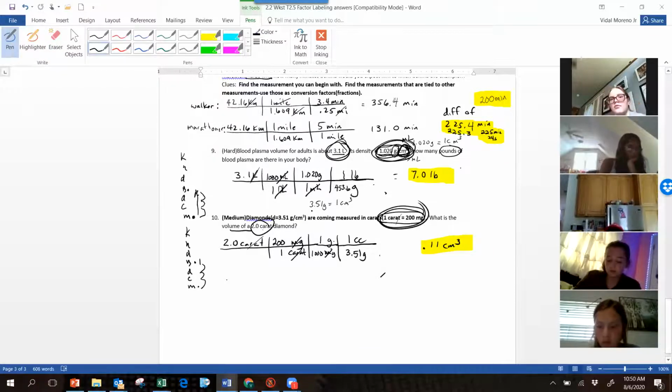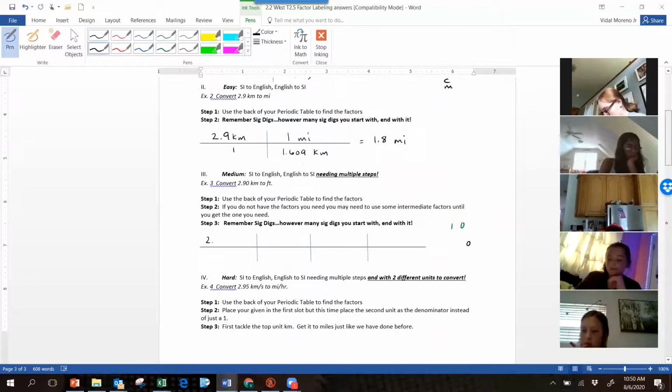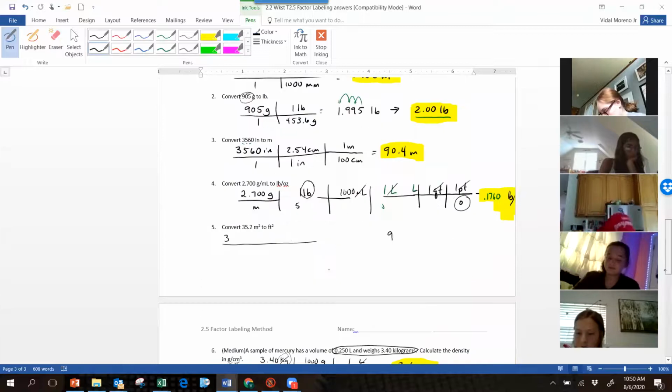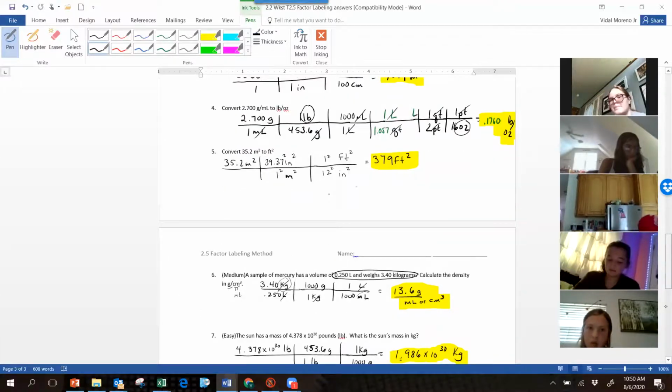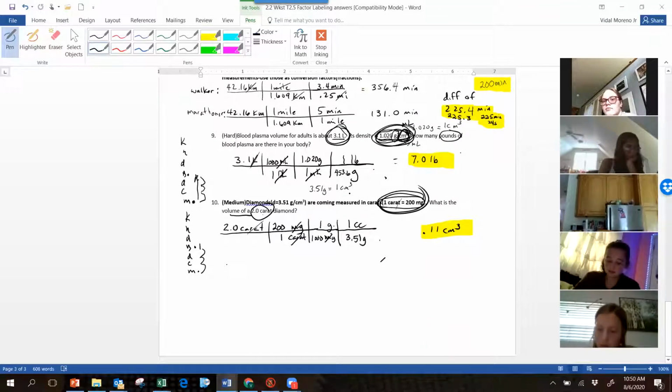That is, when you had 3.51 grams, I don't know why my computer is skipping like that. I'm sorry. You have 1 cubic centimeter. So what does that mean?